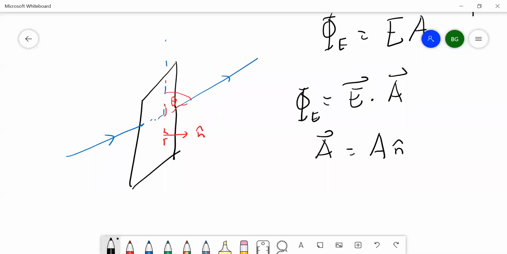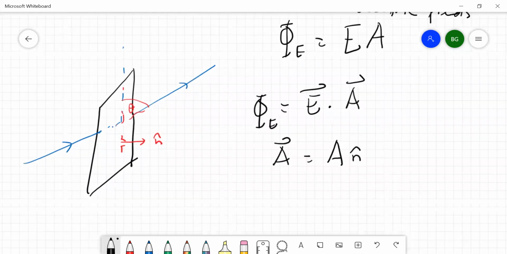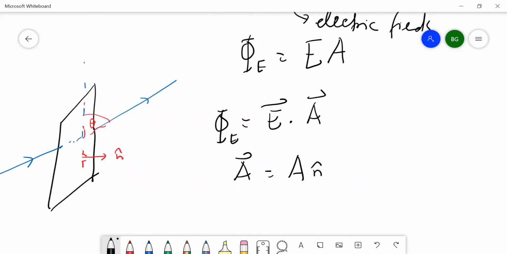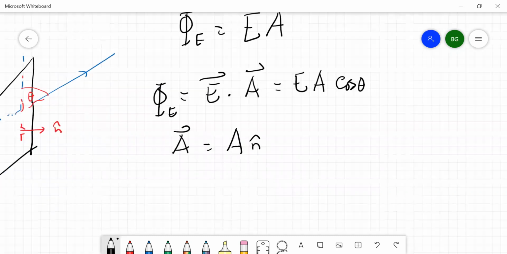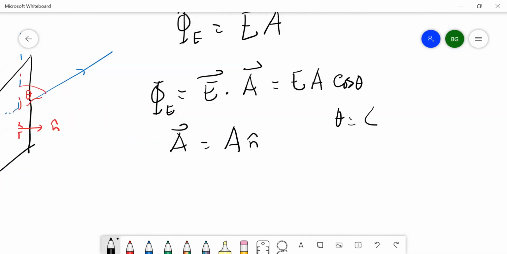So area is basically a vector quantity. As you already know, this dot product is the magnitude of A, the area of the rectangle, times cos theta, where theta is the angle between E and the normal vector.